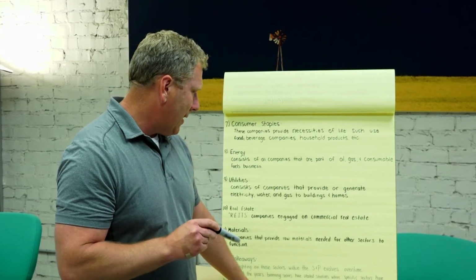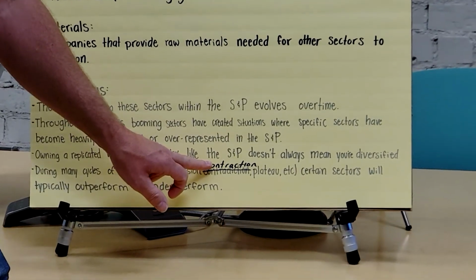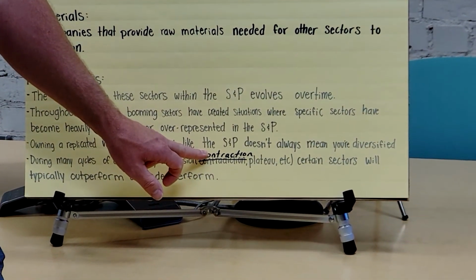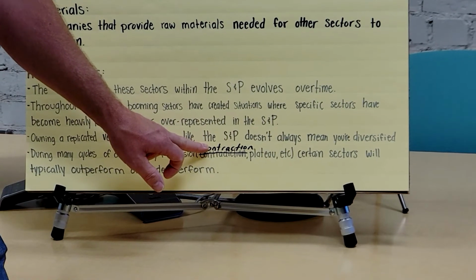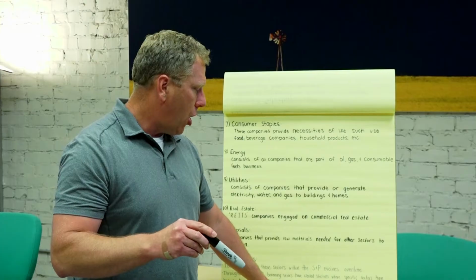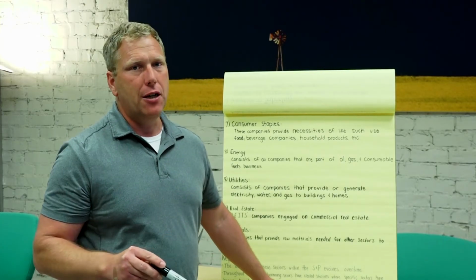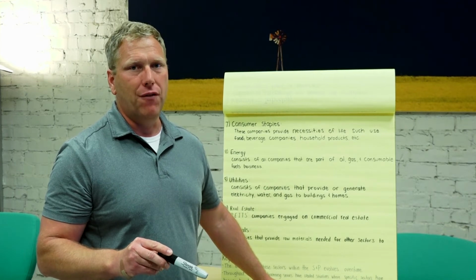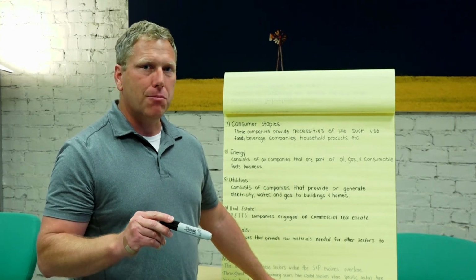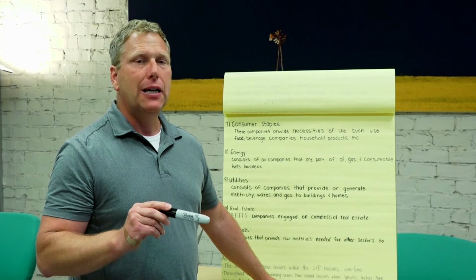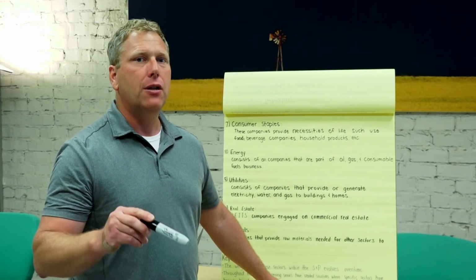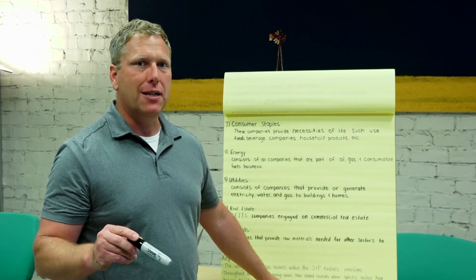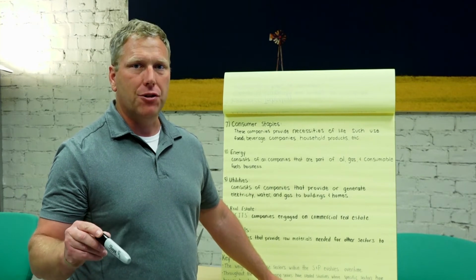Owning an index like the S&P or a replicated version, because you cannot directly invest in the S&P 500, but managers get close, owning that is absolutely no guarantee of a diversified portfolio. So many investors may mistakenly think, I own the S&P 500, I own 500 of the largest companies in America, I'm well diversified.